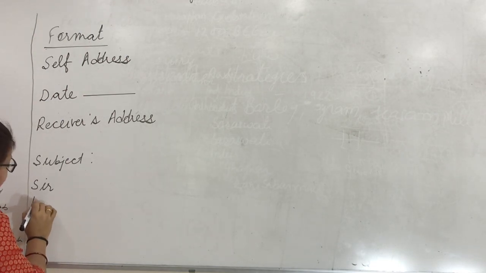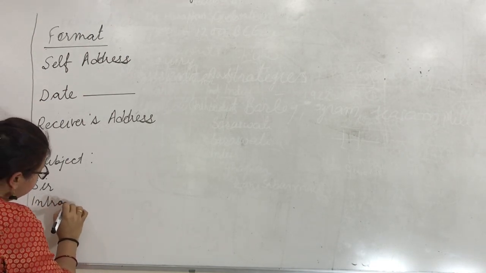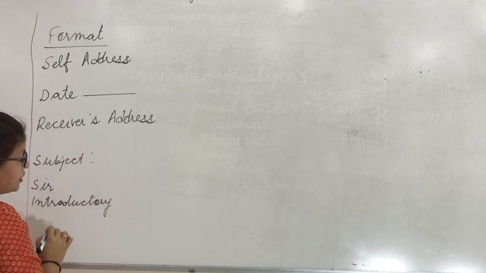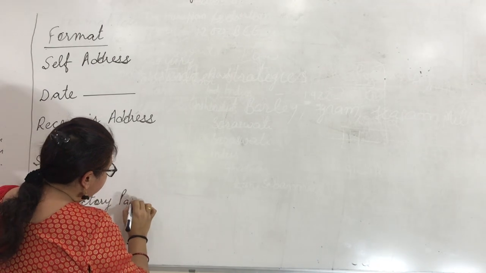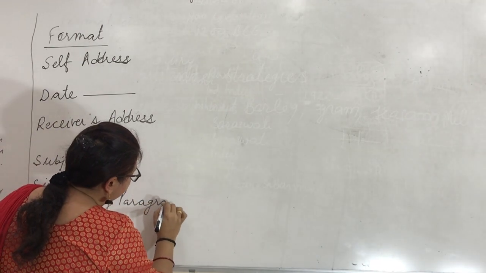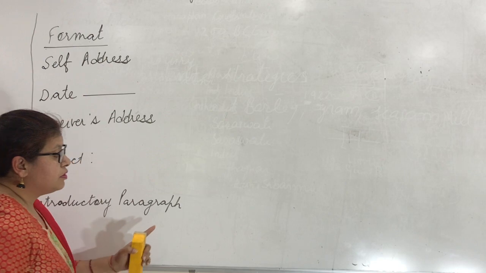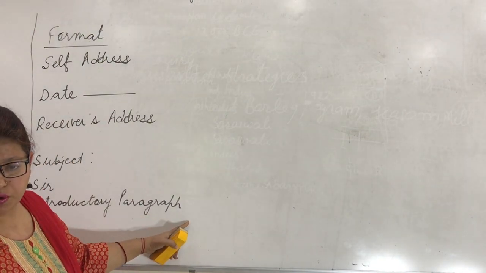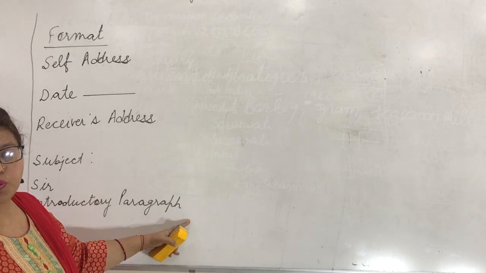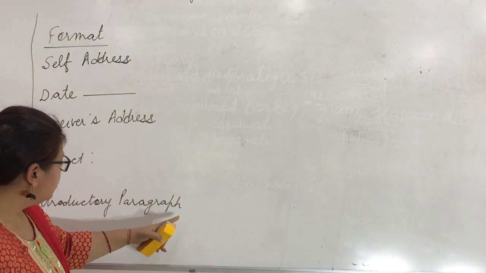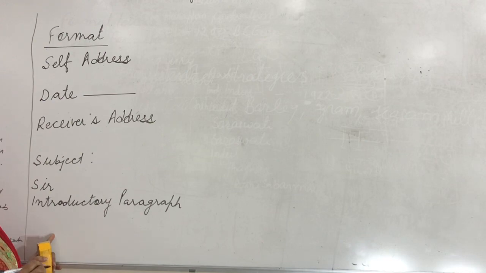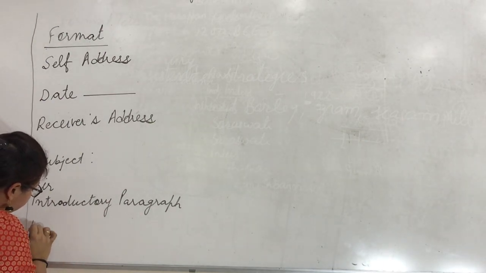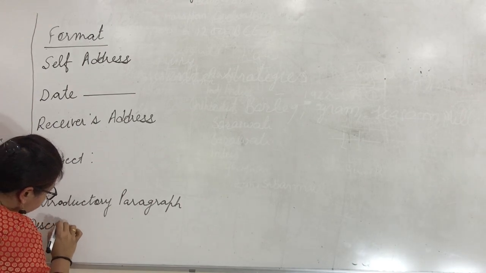Then there will be an introductory paragraph, describing what we want to ask, for what thing we are going to place an order. Then there will be the next paragraph describing the order.